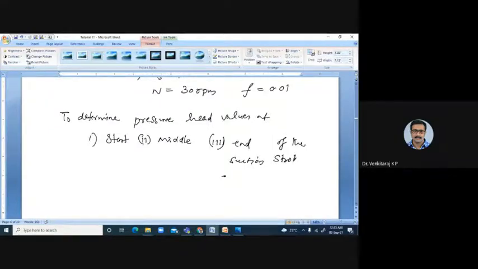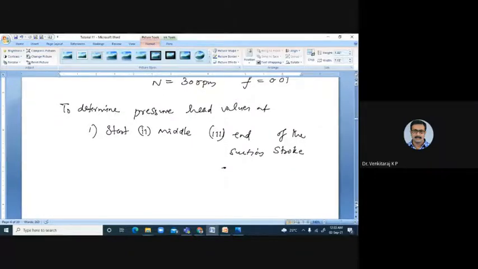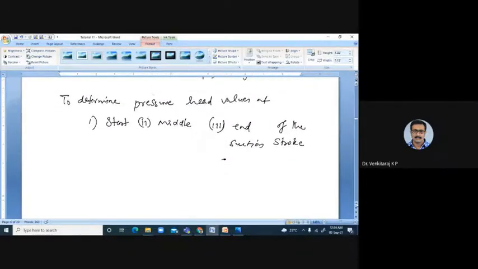So these are the values to be determined for the pressure head at the beginning, middle, and end of the suction.